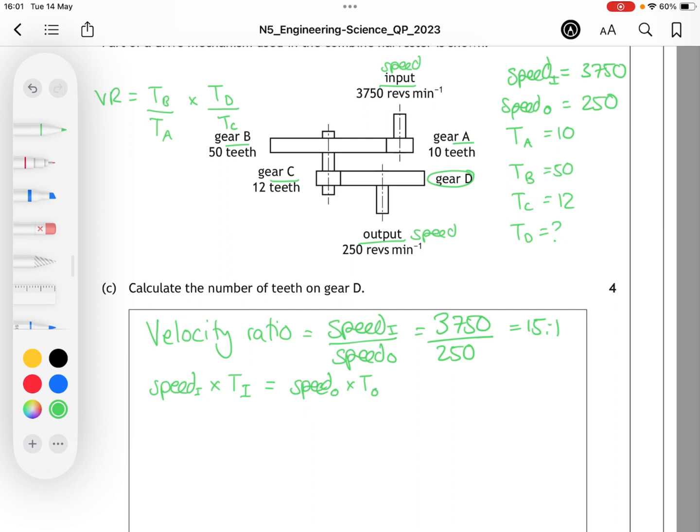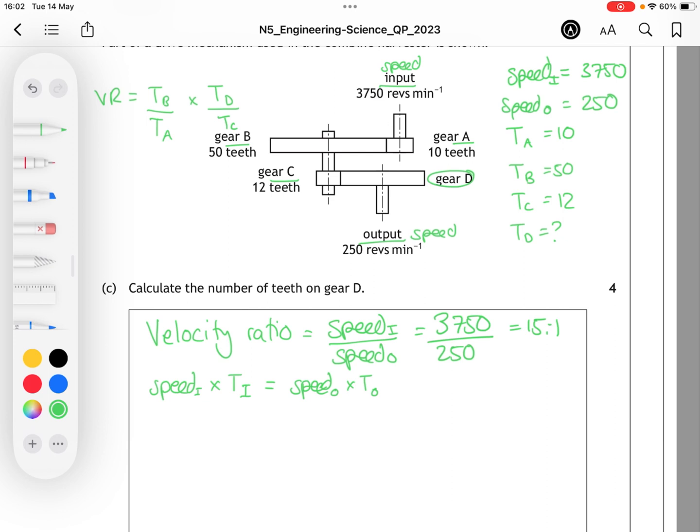If you want it proved, you can, but it's just a handy one to remember that the velocity ratio is equal to the size of the first coupling, output divided by input, times the second coupling, output divided by input.